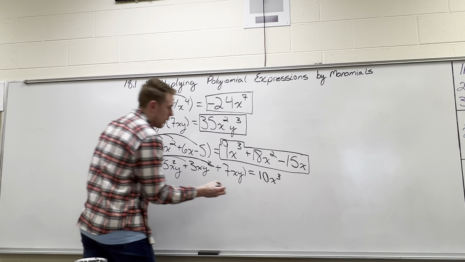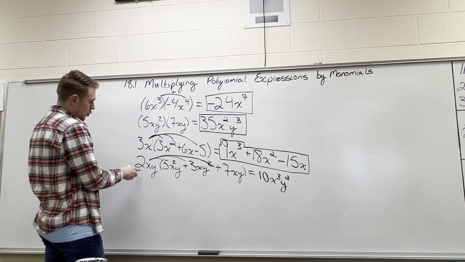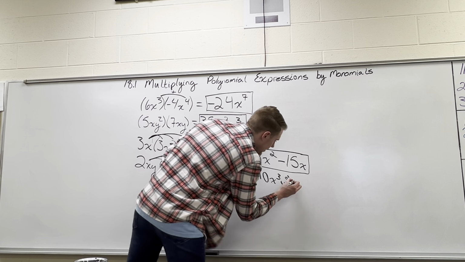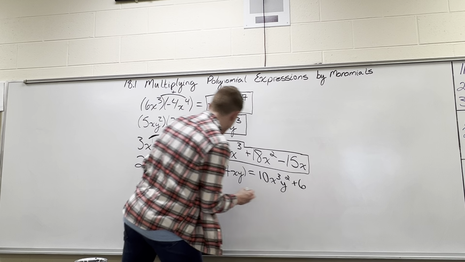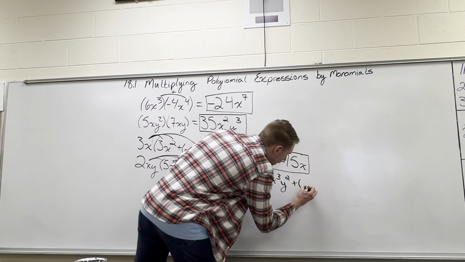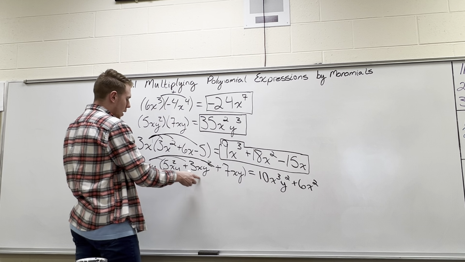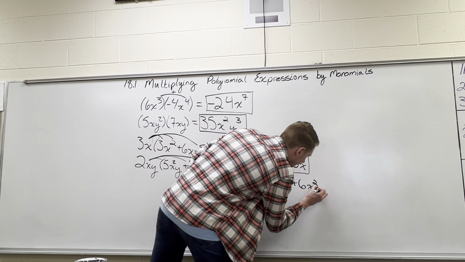Y and y, 1 and 1 is y squared. 2 and 3 is 6. X and x is just 1 and 1, x squared. Y and y squared, 1 plus 2 is 3.